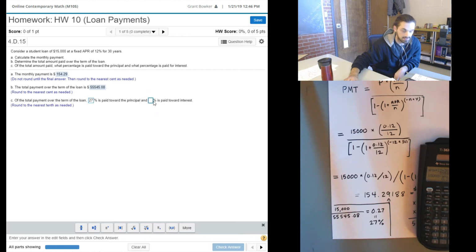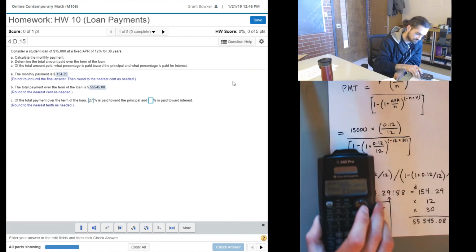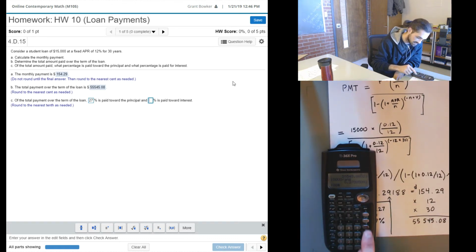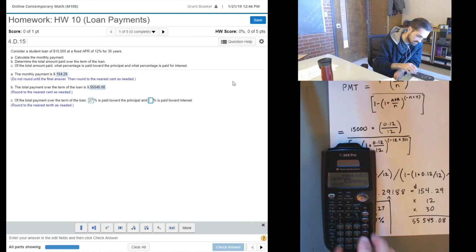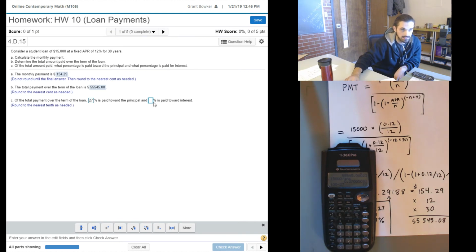So if 27% of your money went towards the principal, the leftover would have to go to the interest. So that would be 100%, subtract off 27% to see that 73% of what you paid went towards the interest. So recognize there is a tremendous difference between the APR, the annualized percentage rate, and the actual interest rate that you pay.